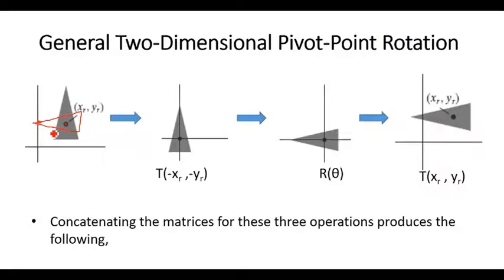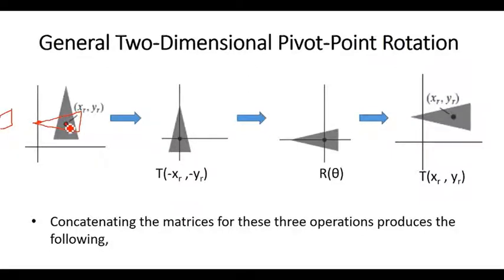Right? If I rotate it around the origin, it would go somewhere like this, out of the screen with respect to the coordinate frame that we have taken. I don't want that. I want to rotate it around this fixed point.